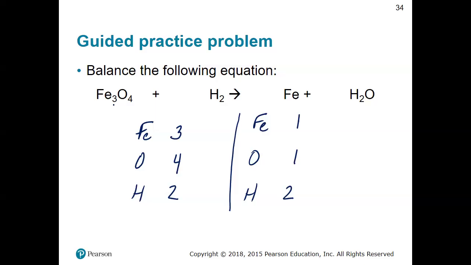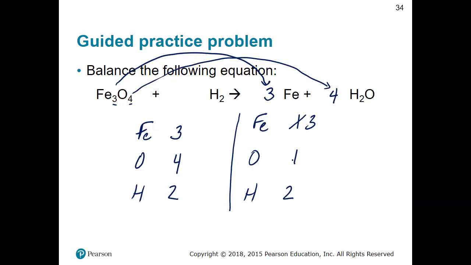But one thing I can definitely point to here, one of the tips we had for balancing, is that anytime we see these multiple subscript compounds, that is a good sign to tell us what the coefficients might be on the other side. Because to get 3 irons, I'm going to need 3 iron atoms here. And to get 4 oxygens, I'm going to need 4 water molecules.